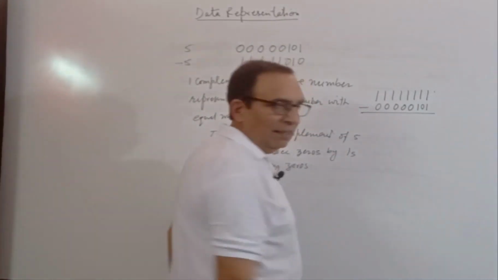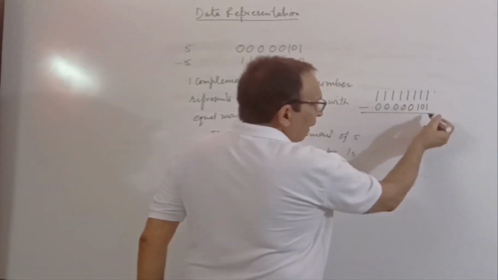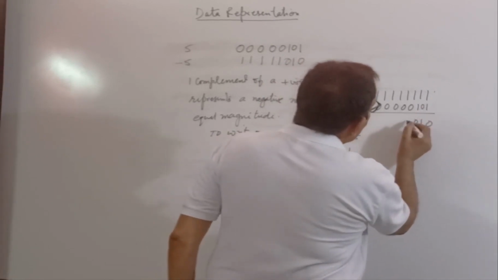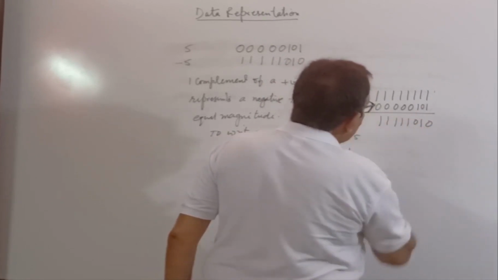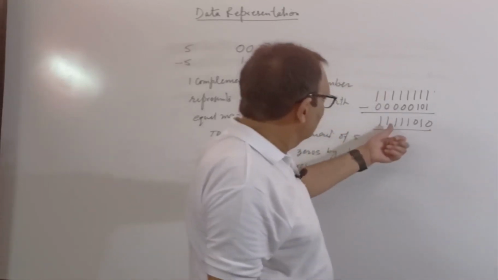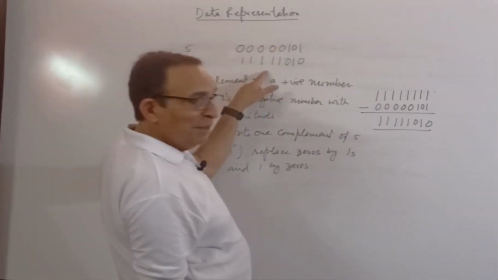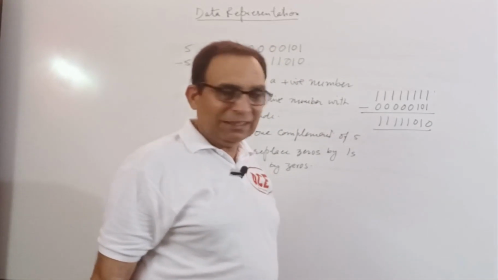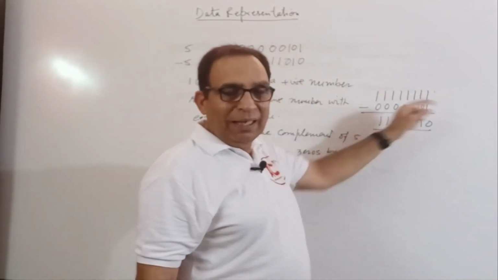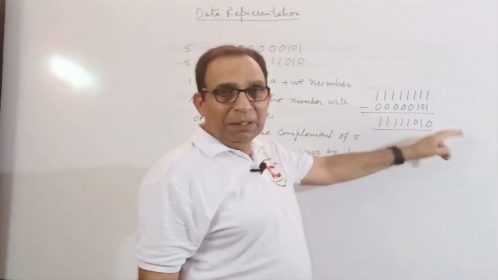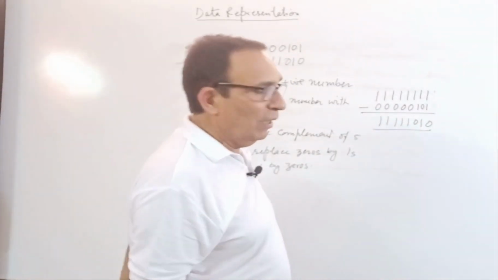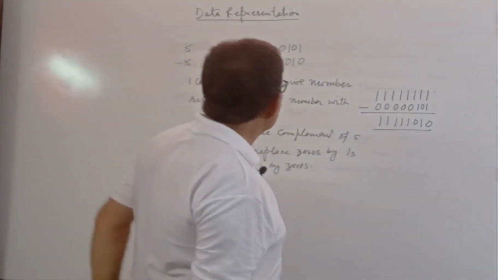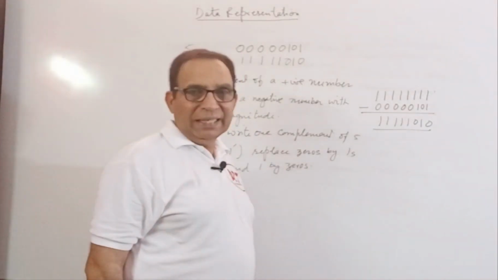Let us see. 1 minus 0 is 1, this is 0, and this is 1 1 1 1 1. Is it not the number here? So to get the 1's complement of a number in an 8-bit system, write 1 eight times, and under that write the number of which you have to find the complement and subtract it. Whatsoever you get as a result of subtraction, that is the 1's complement. So 1's complement is required to represent a negative number.